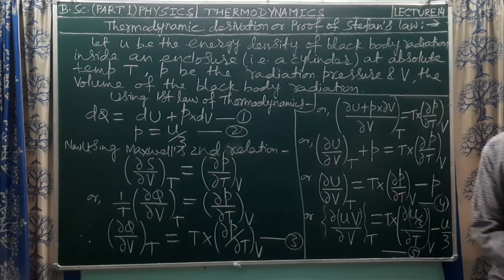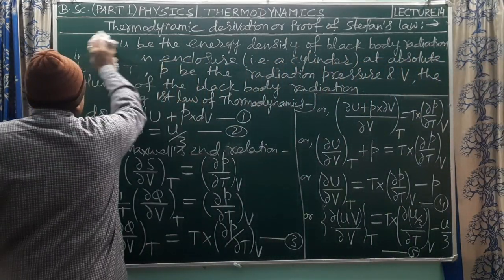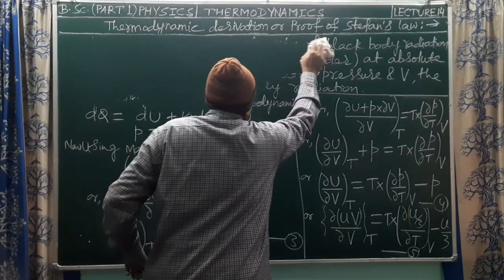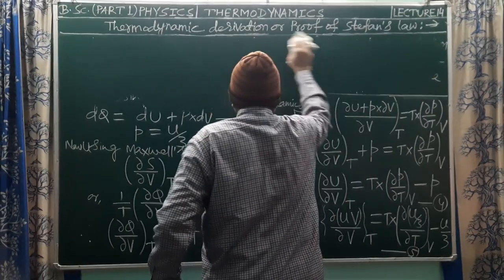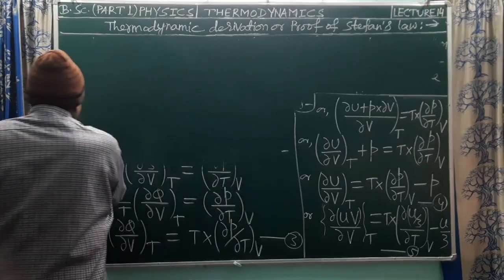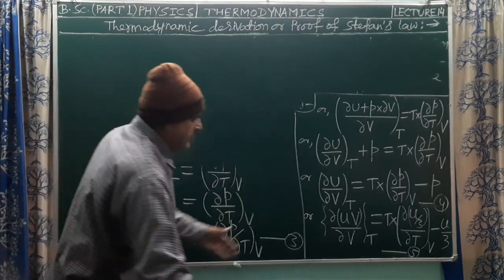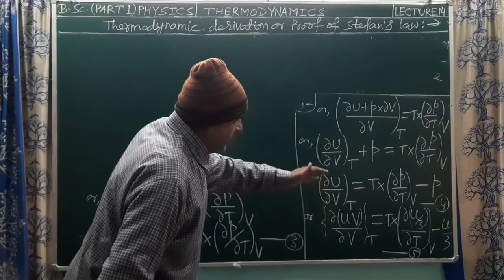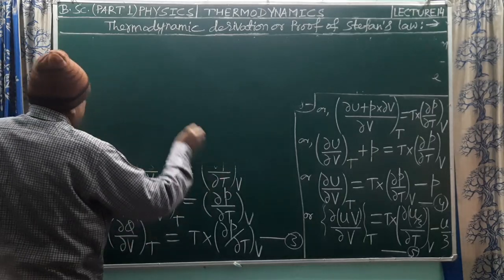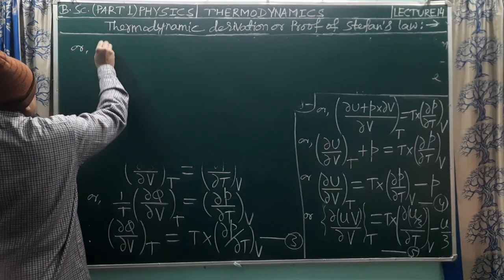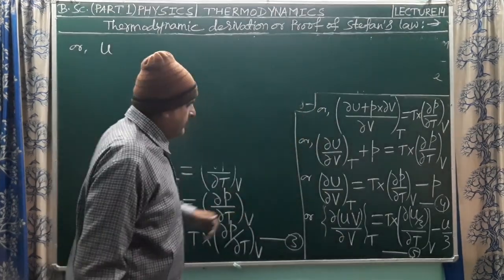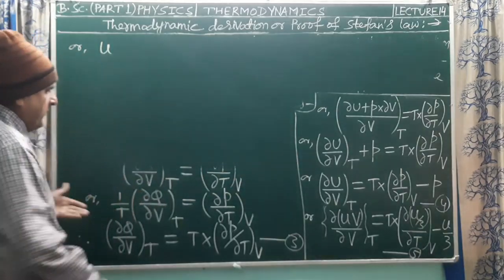So equation 5 can further proceed. From equation 5 we can obtain in the LHS only u multiplied by del V upon del V, which is 1. Partial differentiation of volume V with respect to volume V is 1.